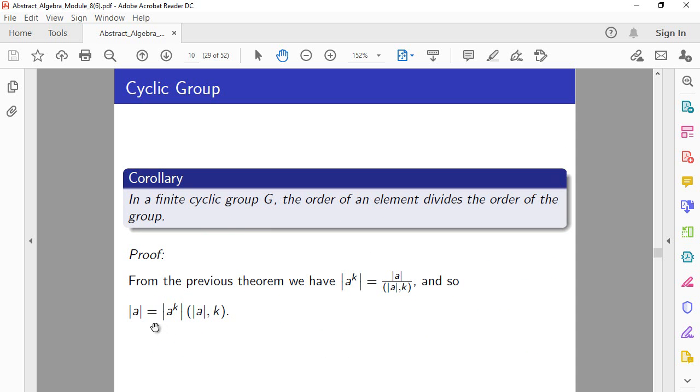Now, you see that the order of a is divisible by the order of a to the k. So every element of G is some power a to the k, and the order of G is the same as the order of a because a is a generator for G. So we see that the order of any element of G divides the order of G.